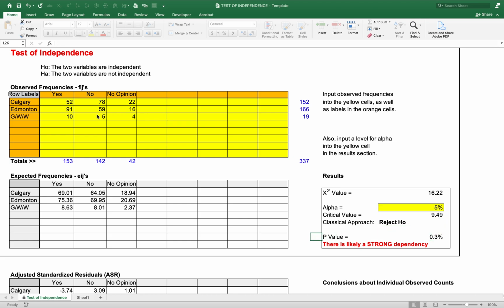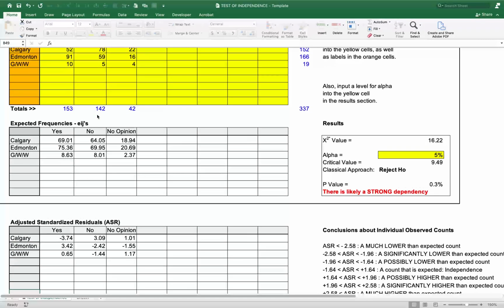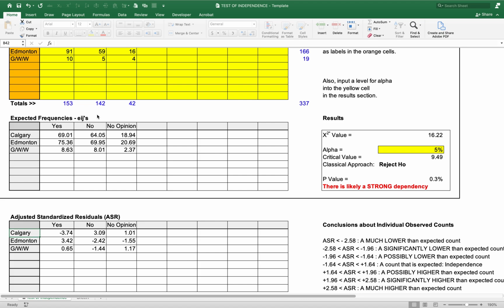That doesn't change. When we take a look down here at the standardized residuals, then what we'll see here is it's in the big cities where we tend to get the strong stuff here. So what we've got is that in Calgary, we end up with a lower than expected yes. So we're saying that in Calgary, they're not saying that there's much of a problem in terms of delay on highways.